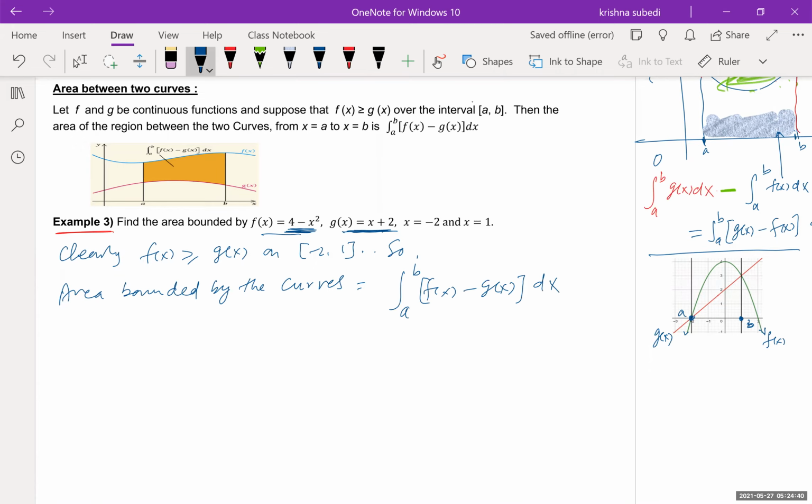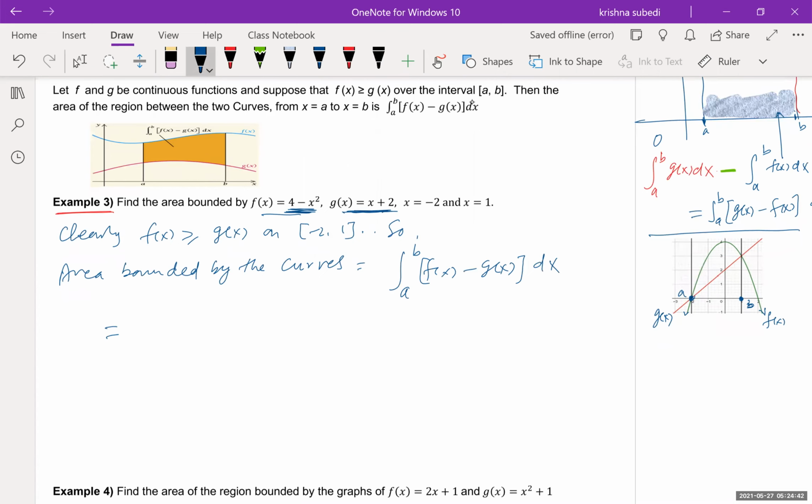All right, now your A is -2, B is 1, f is 4 minus x squared minus g of x. So let me just write directly: 4 minus x squared minus x minus 2 dx, and that's going to give me -2 to 1.